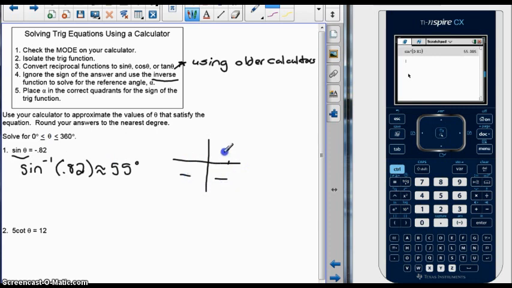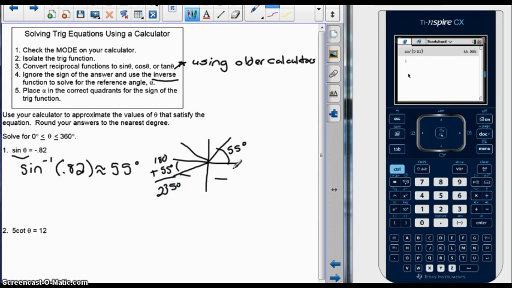So if our alpha is 55, then we want to come away from the x-axis in the third quadrant 55 degrees. So we're at 180 and we'd add 55. That's going to be 235 degrees.